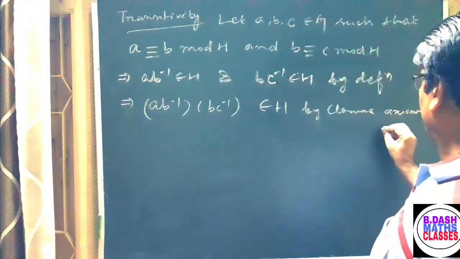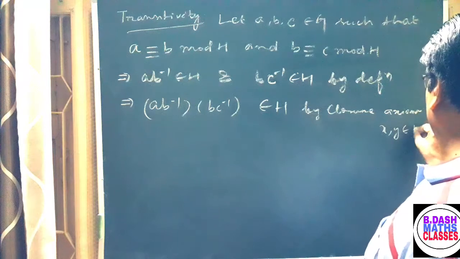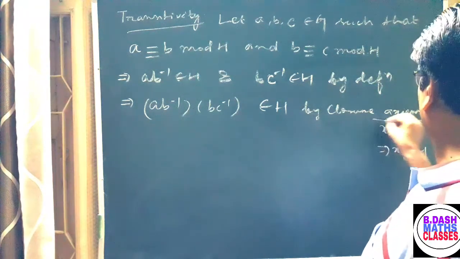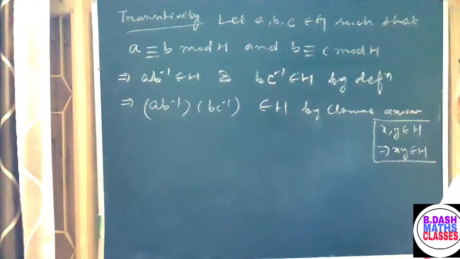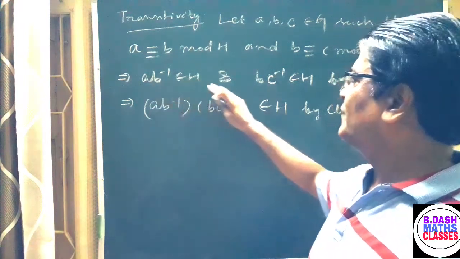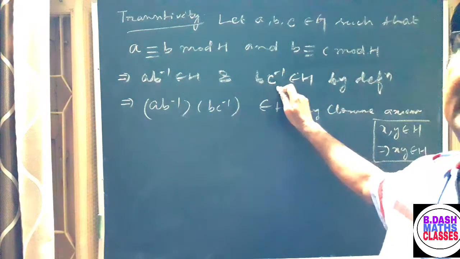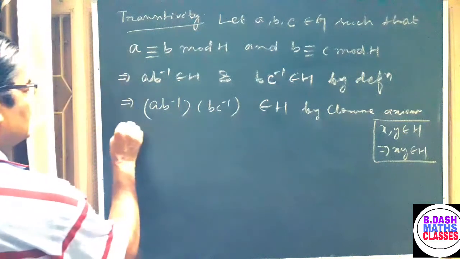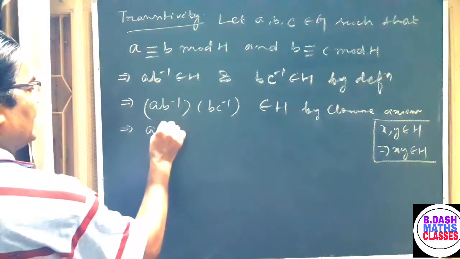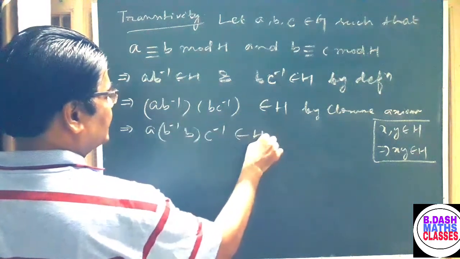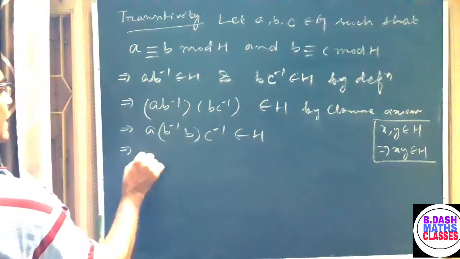If x and y belong to H, then x y belongs to H by the closure property, because H is a subgroup of G, so it is itself a group. So therefore a b inverse is an element of H, and b c inverse is an element of H. Obviously, their multiplication will be inside H. This implies a b inverse b c inverse belongs to H by the associative axiom.